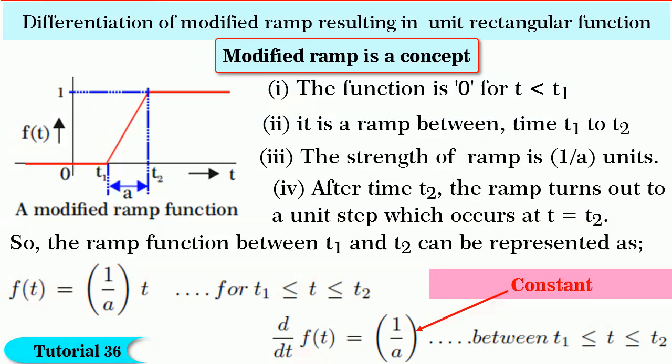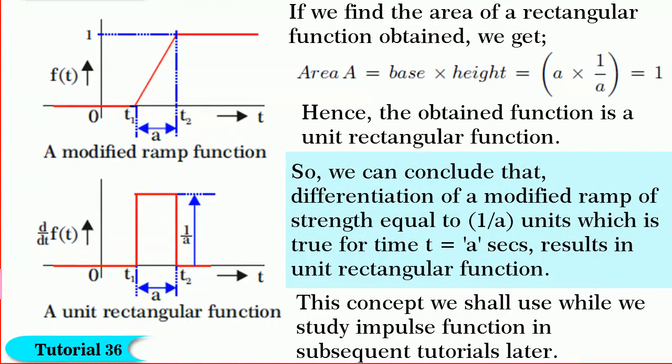Then, what does this mean? Because the function is 0 for time t less than t1, the differentiation of the function f(t) for this range of time is 0. Between time t1 to t2, the differentiation of the function (1/a)t is 1/a units, which is constant.